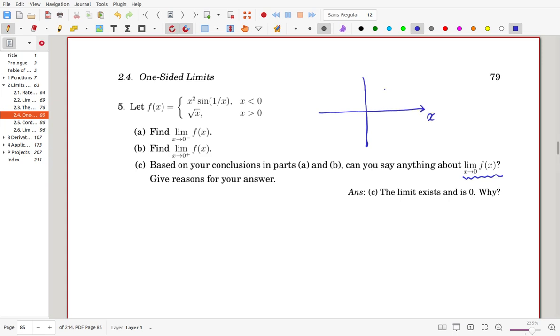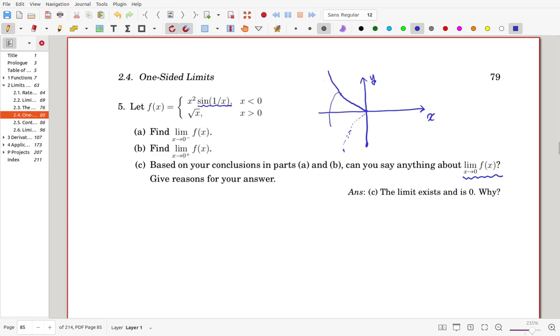Okay, let's see the figure. Here is the x-axis, and then the y-axis. Now that value is oscillatory on the left-hand side. However, because of x squared, the value is bounded by x squared. If we expand it symmetrically like that, the function value will be inside this one.